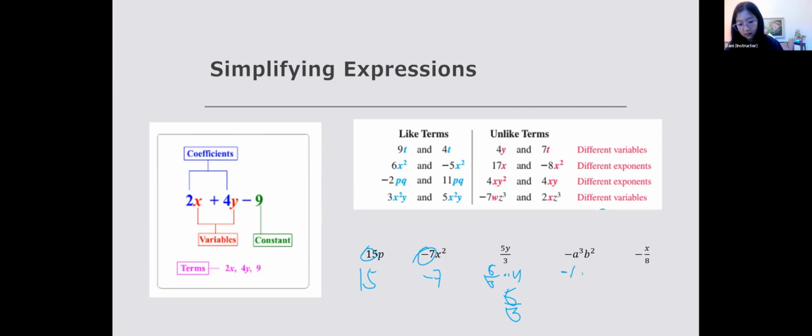So this will be -1 times a, 3, and b, and the coefficient here will be -1. And here, the same thing, the negative sign indicates -1. So this is actually -1/8 times x, and the coefficient is -1/8.